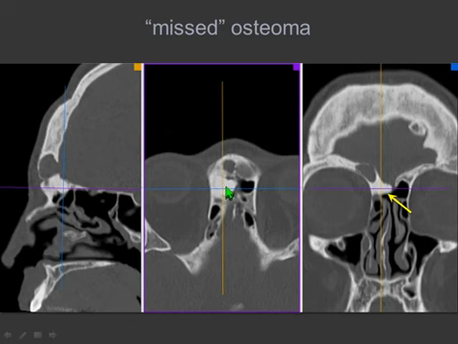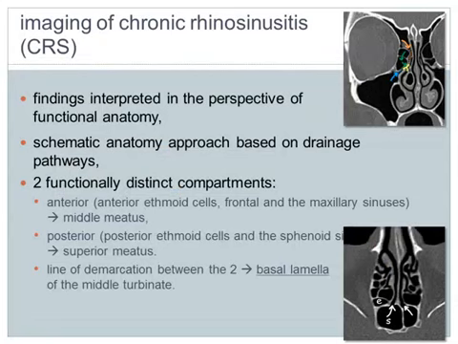This is an osteoma that is growing, preventing the drainage from the frontal sinus and from the anterior ethmoidal cells. So this is actually the cause of the chronic retention of the mucus at that level. This should not be missed by imaging.